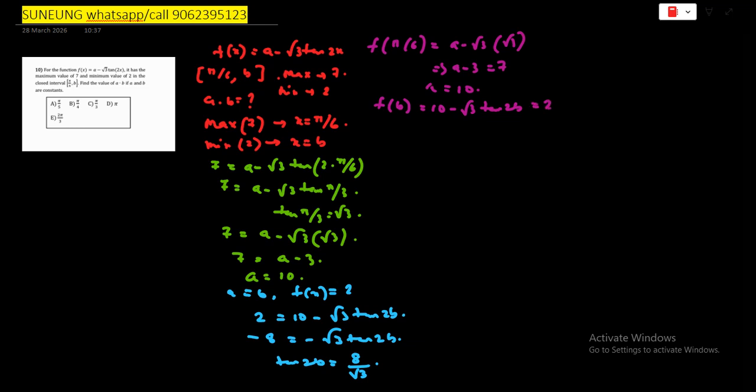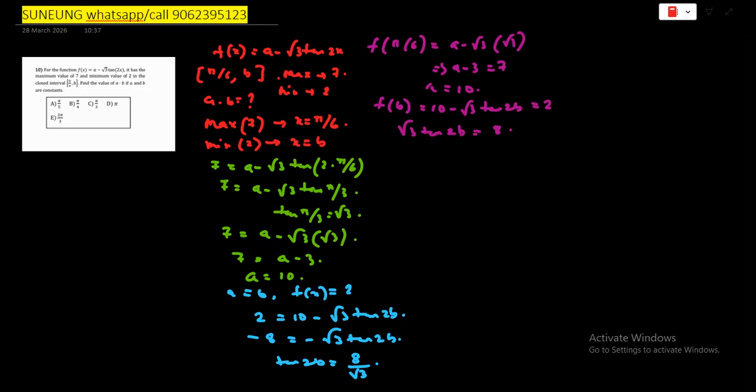So root 3 tan 2b will be what? 8, right? Now if the math results in a non-standard angle like arctan of 8 by root 3, but the answers are pi by 3, pi by 4, etc., it means we have to check the logic of the interval.